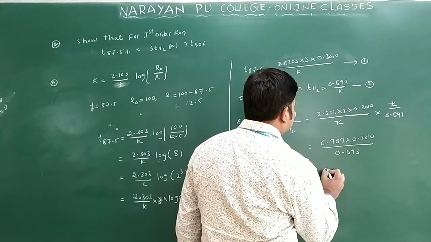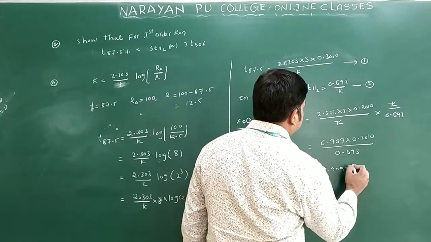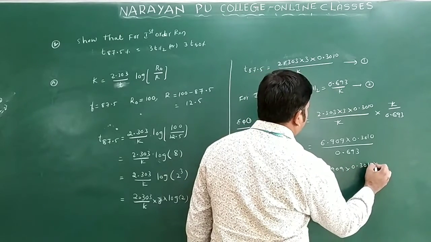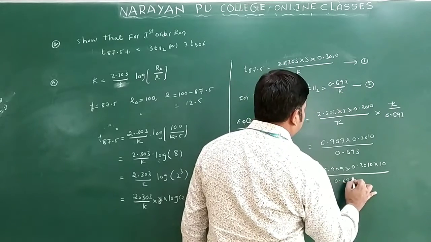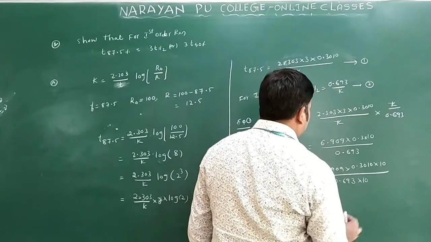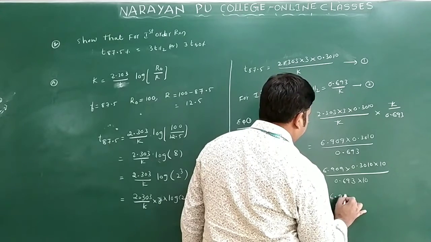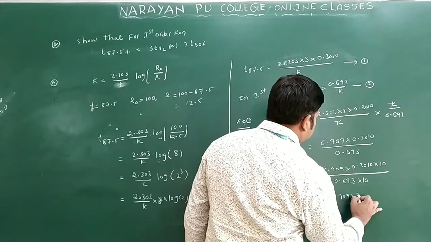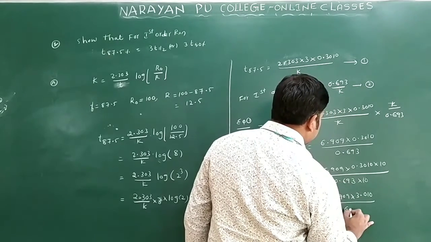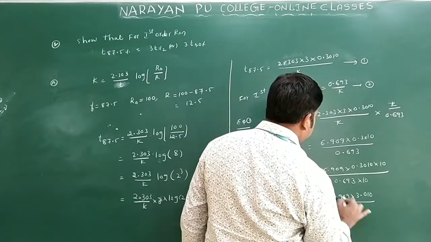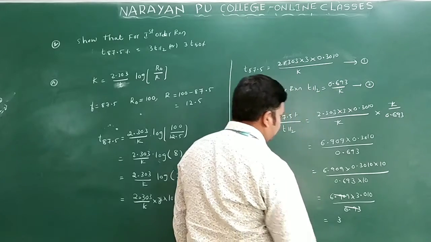Then what will you get here? 6.909 into 0.3010 into 10 by 0.693 into 10. You multiply, what do you get now? 6.909 into 3.010 by 6.9. This and this cancel, then what will you get? You will get 3. Clear?